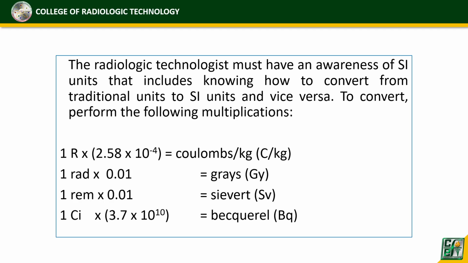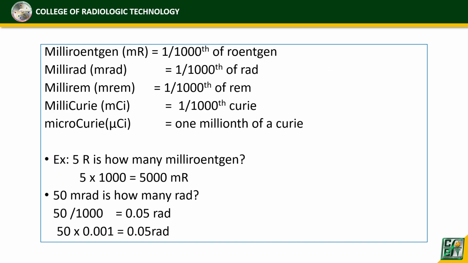Then 1 rad is equivalent to 100 gray. 1 rem, same, 100 sievert. Then Curie times 3.7 to the 10 power becquerel. So, yun din yung kanyang 37 billion. Okay.